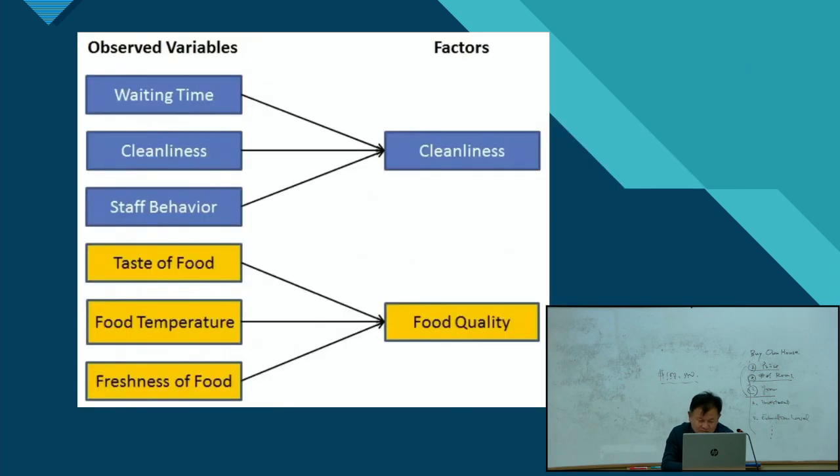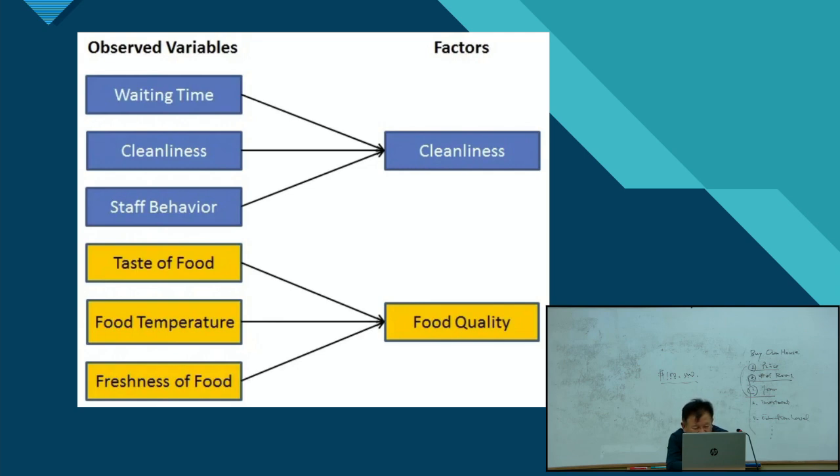And then the other example is observed variables, for example, the waiting time, cleanliness, staff behaviors. These factors make one group, cleanliness. And the other observed variables are taste of food, the food temperature, the freshness of food. These factors relate to food quality.